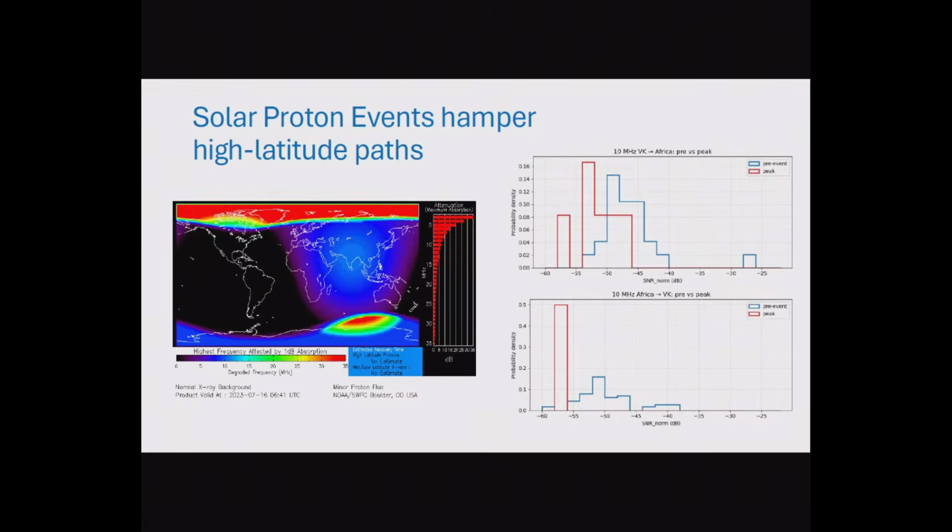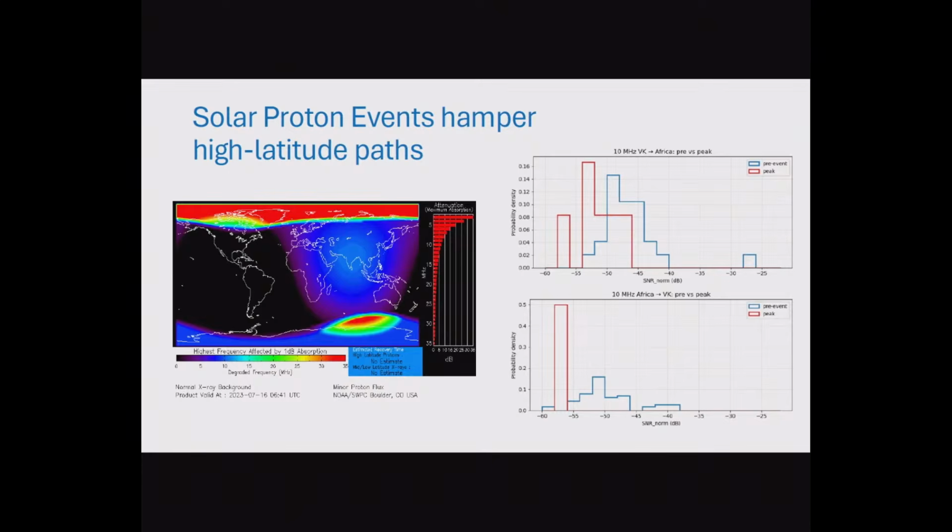And then the final one, solar proton events. And the Antarctic folks know a lot about these because when we try to do HF comms in Antarctica, if there's a storm of protons hitting the Earth, it impinges on the high latitudes and increases the absorption at HF quite strongly at the lower frequencies.